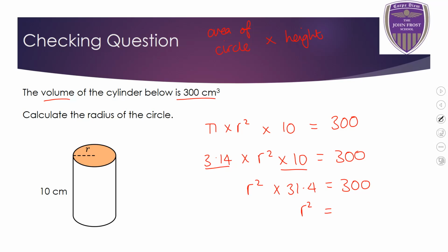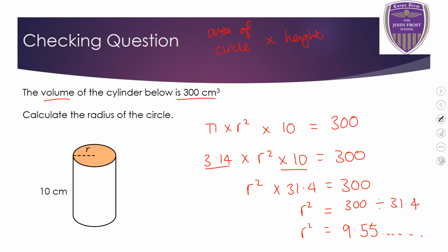So r squared is 300 divided by 31.4. You need a calculator for this one, so just type it in your phones if you haven't got one. 300 divided by 31.4 comes out as 9.55 and so on.